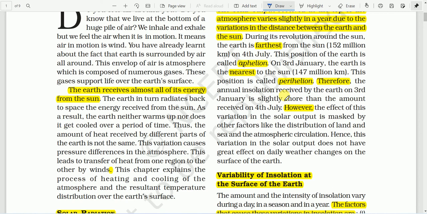See, we know that we receive energy from the sun, and because of that, we can survive.